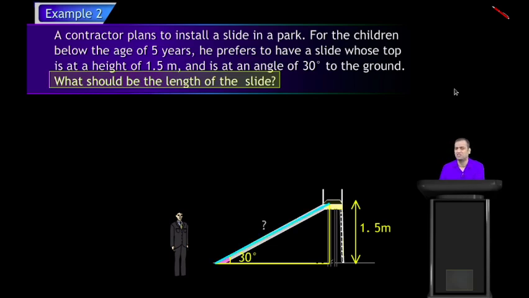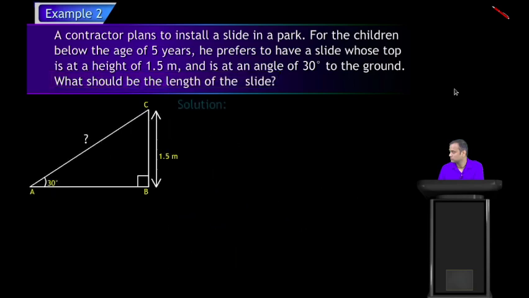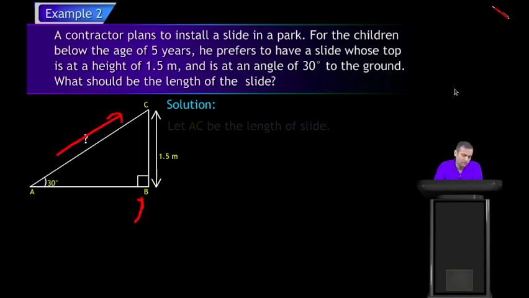So it is the same as the question which we have done in the previous slide. Okay, it is same as the kite problem. So this is our figure. Here we have a triangle ABC where angle B is 90 degree. We have to find the value of AC.